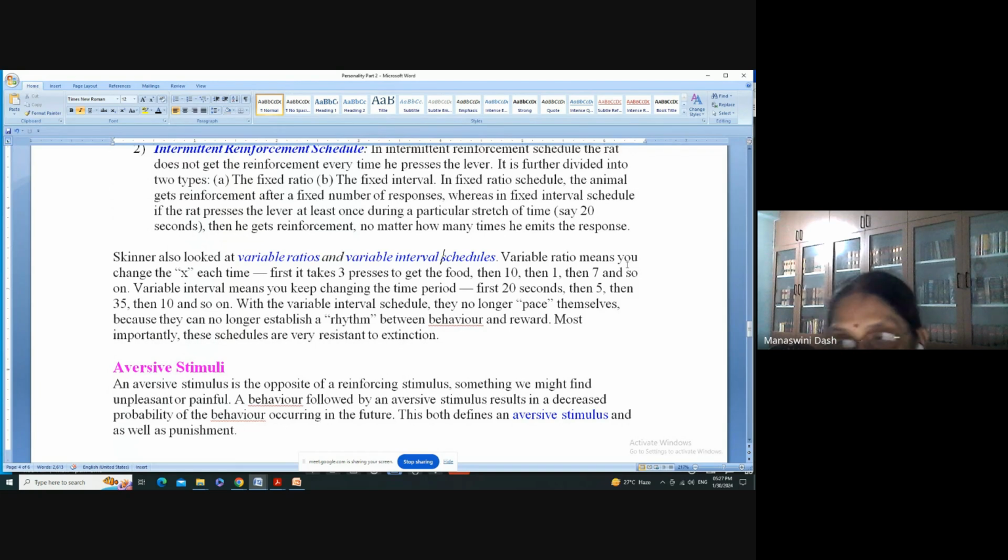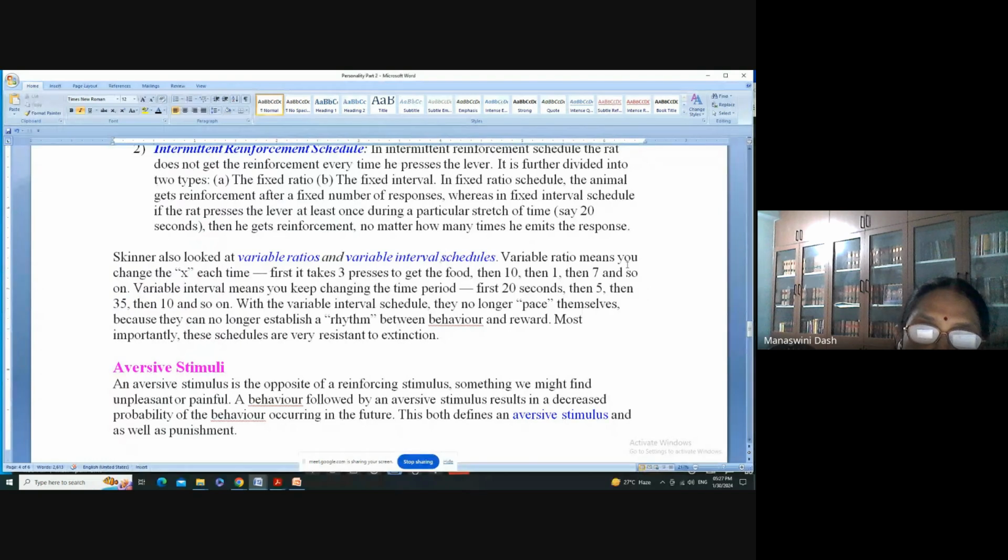The goal of reinforcement is to strengthen the behavior, and something which, when given to the animal, strengthens his behavior is positive reinforcement, and when something is taken away or removed in order to make the animal respond is negative reinforcement.